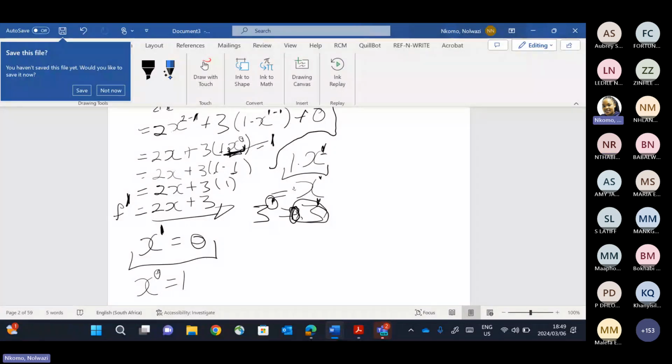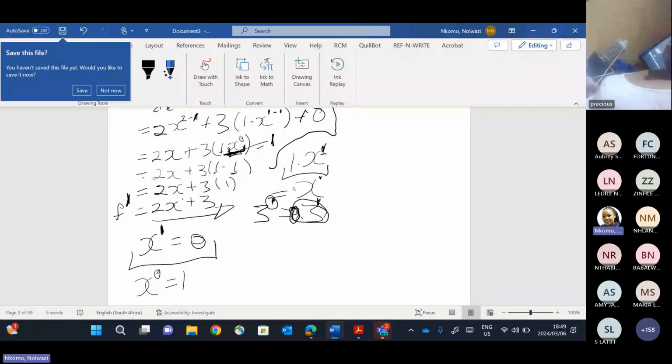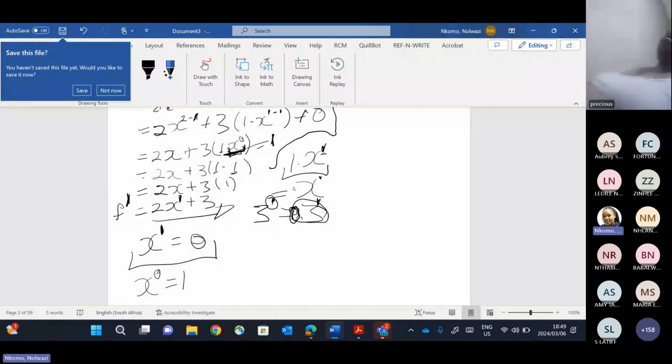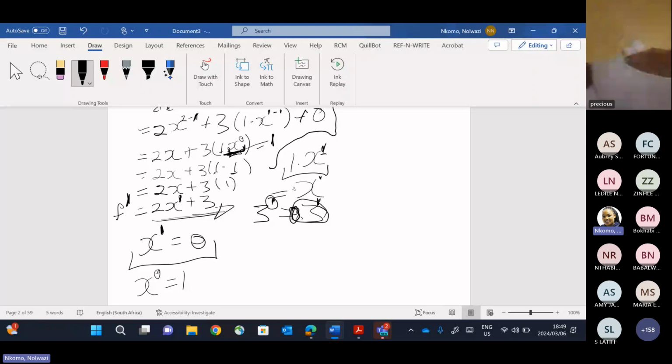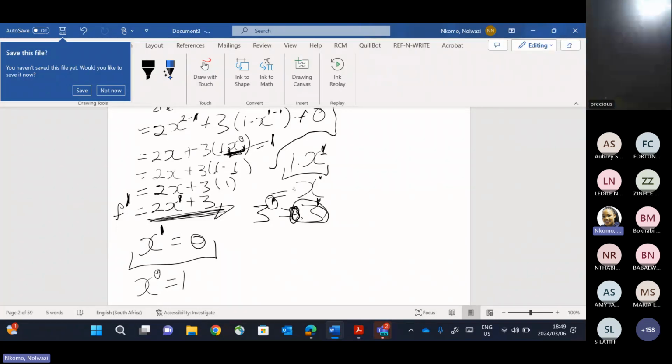Imagine I tell you to leave 1 here, and then I give you the same question on the exam. You see there is no power 1. You'll say the question is incorrect because none of the options match what you worked out. It's the same thing; exponent 1 is automatically assumed.